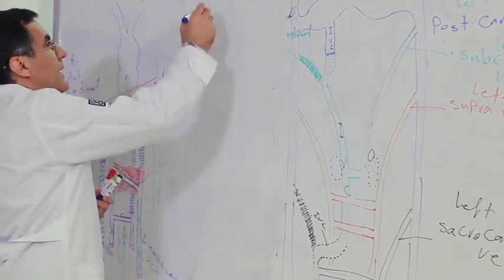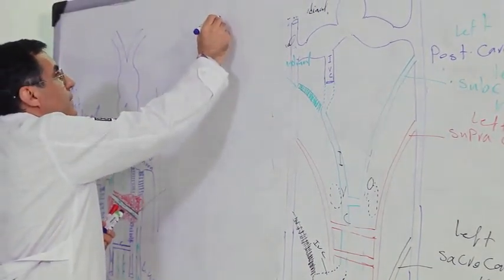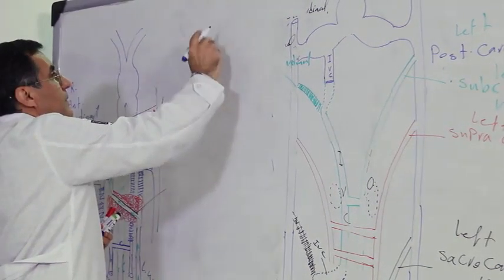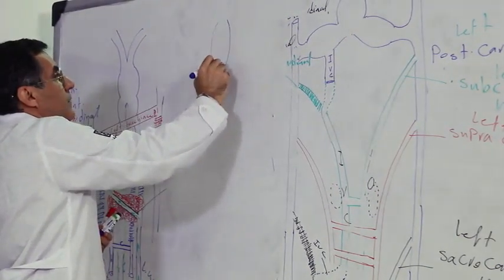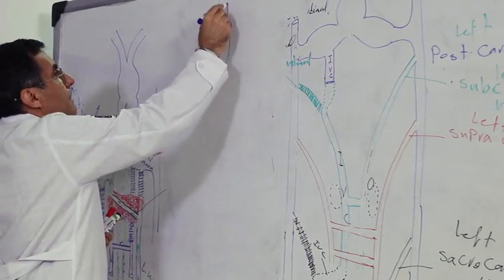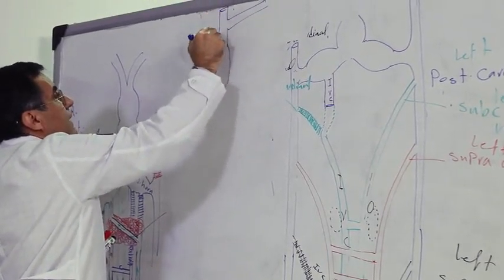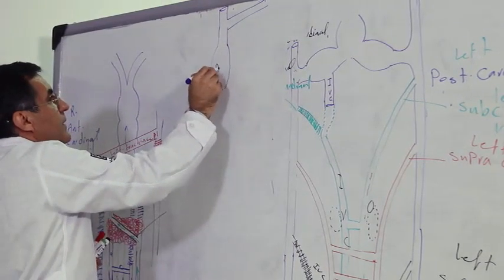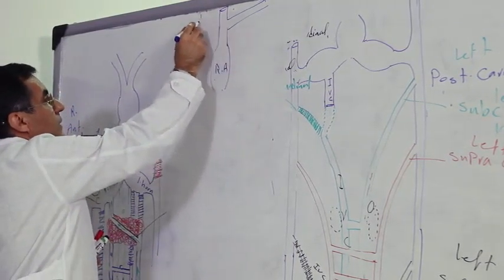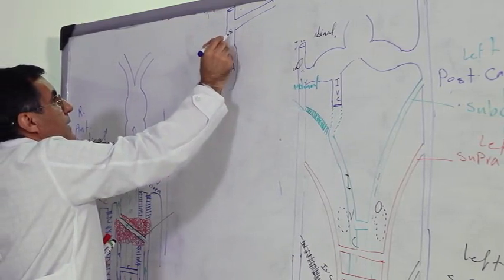Do you remember the azygos system? For example, this is the superior vena cava that is formed by the right and left brachiocephalic veins. This is the right atrium, right brachiocephalic. This one is the SVC.